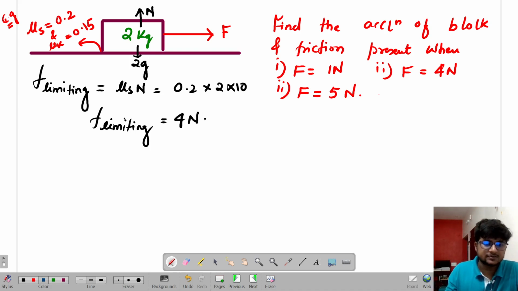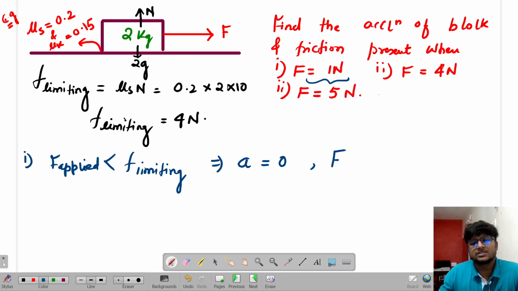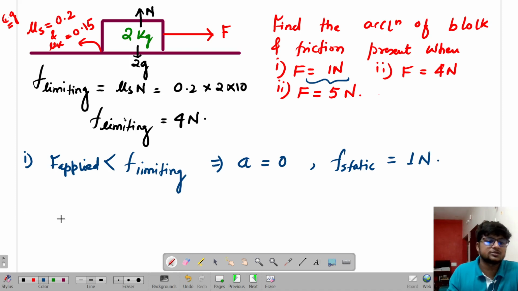Now first case, F applied: look over there, this F applied is less than F limiting or not. So this implies acceleration will be 0. And the frictional force is going to be my F static, which will be exactly equal to F applied, 1 newton. Same something, yes or no.